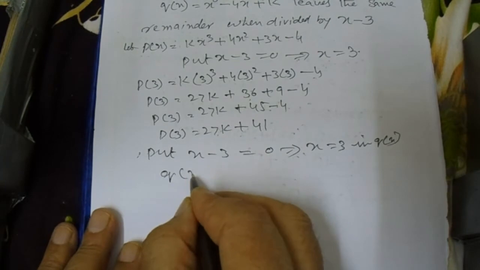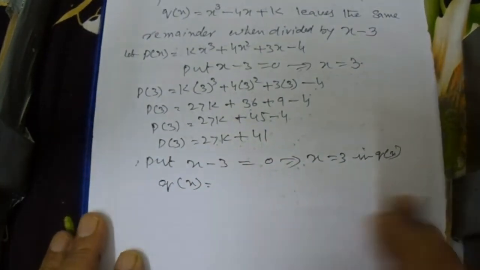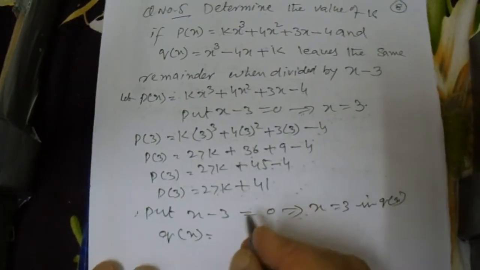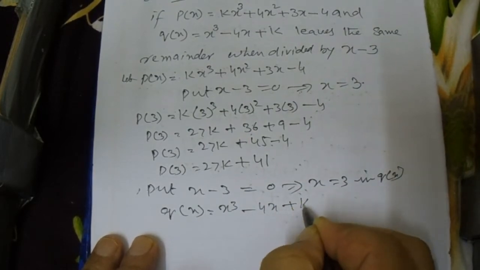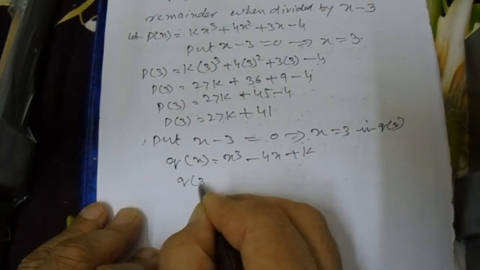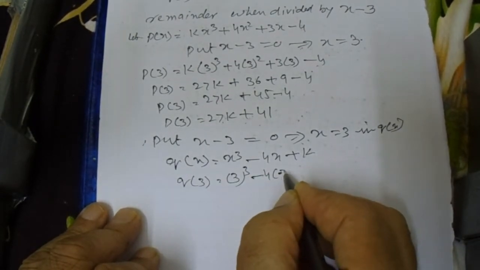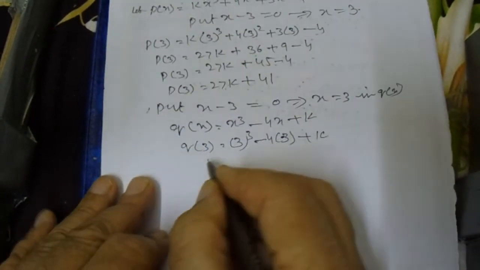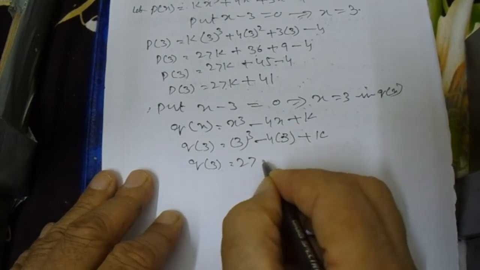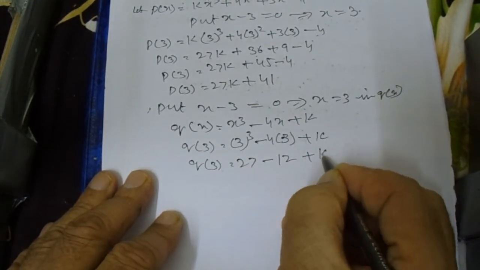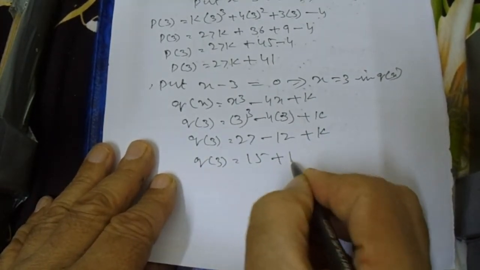Now Q(x) = x³ − 4x + k. Q(3) = 3³ − 4(3) + k. Q(3) = 27 − 12 + k. Q(3) = 15 + k.